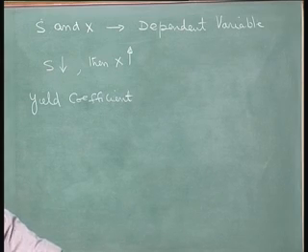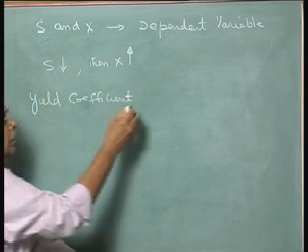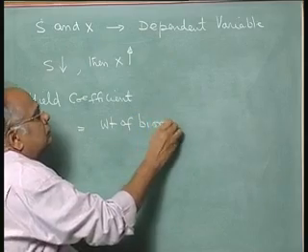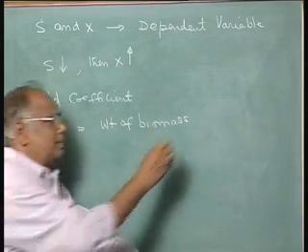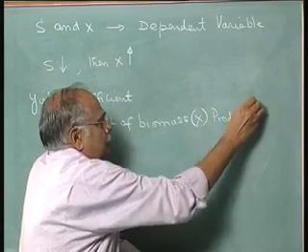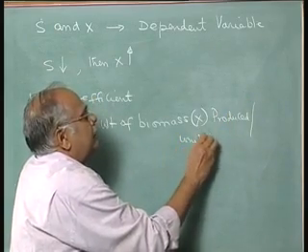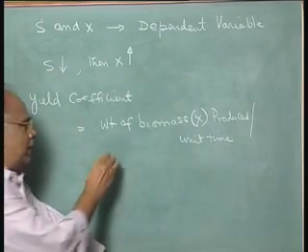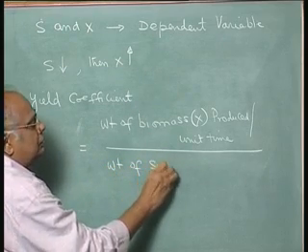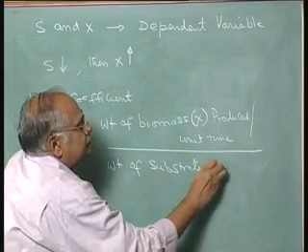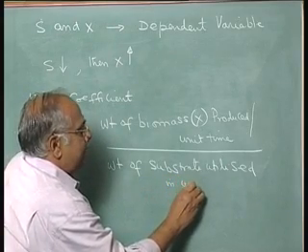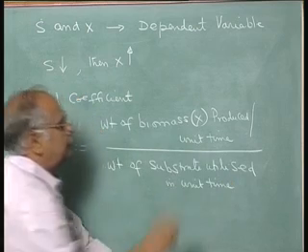Yield coefficient gives a relationship between S and X. Yield coefficient is given by the weight of biomass produced, biomass is X here, I will put it X, produced per unit time, in a given time, divided by the weight of substrate, that is the food utilized by the microorganisms in unit time. So, this is what is called the yield coefficient.